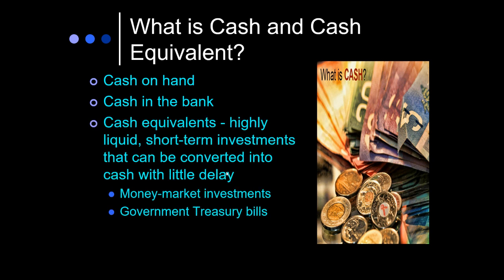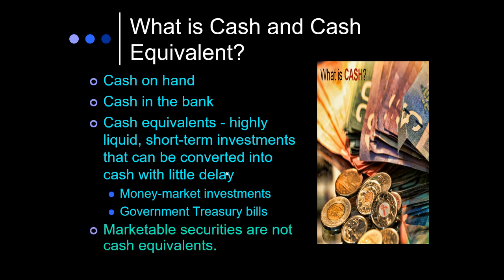Cash equivalents are actually highly liquid short-term investments that can be converted into cash with little delay. For instance, money market investments, government treasury bills, inventories, and etc. So marketable securities are not cash equivalents.